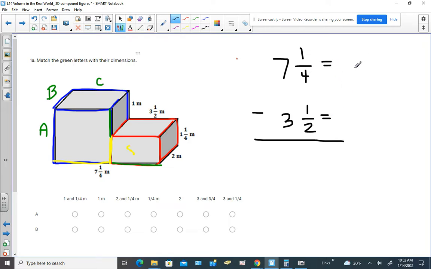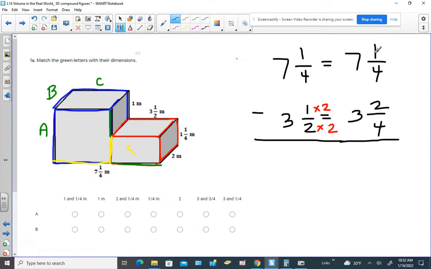Let's use fourths. We'll keep this the same, and let's turn this into 3 and something fourths. Ask yourself 2 times what equals 4, and the what is times 2. So 1 times 2 would be equal to 2. So that's equal to 3 and 2/4, and we're subtracting that.